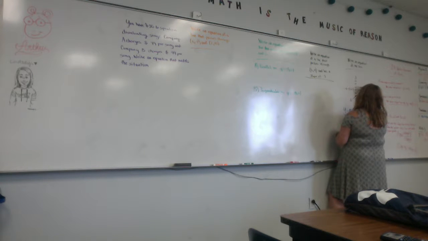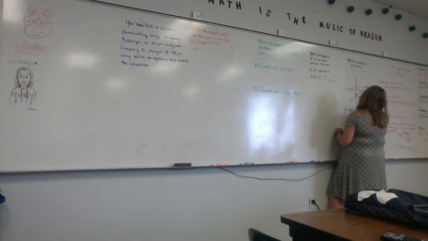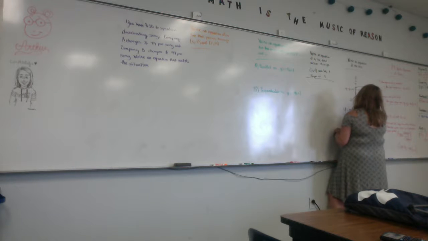So if I draw something from there to there, right? That makes it perfect. So this point is at 1, 2, 3 units up, and 1, 2, 3, 4 units over. So 3 units up, 4 units over means this is my slope.